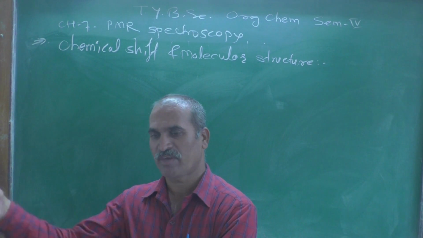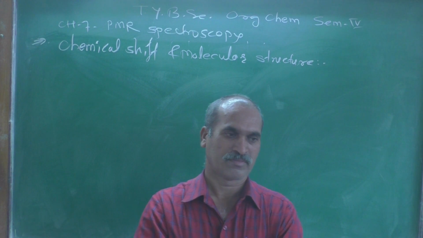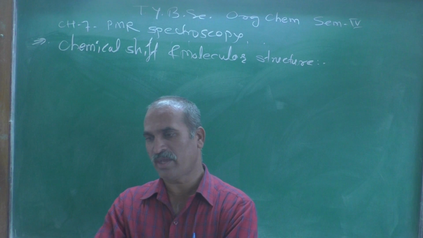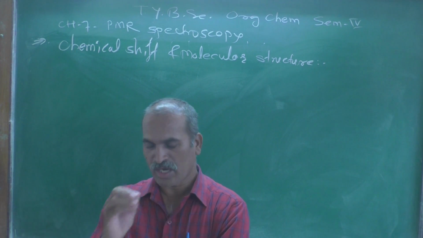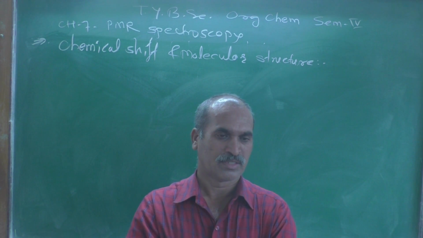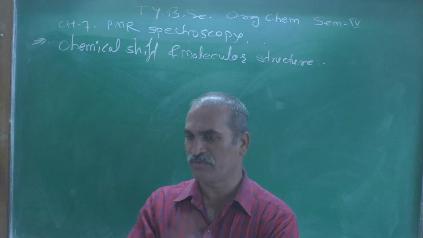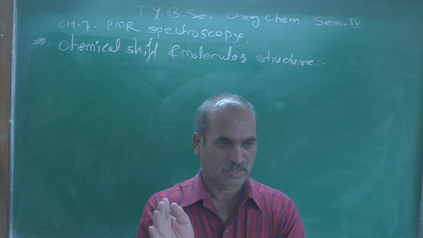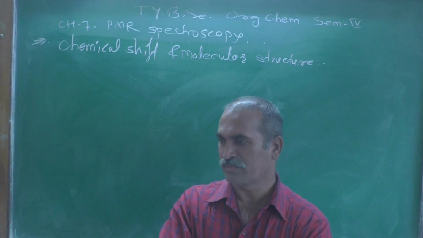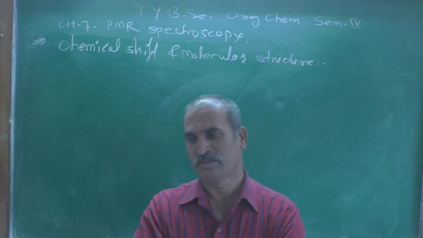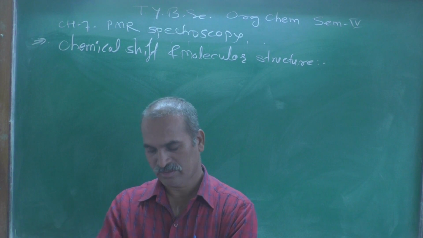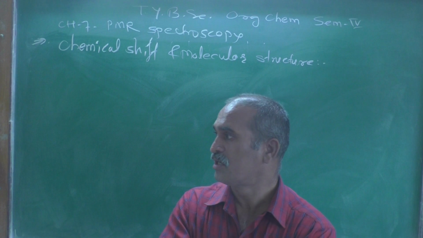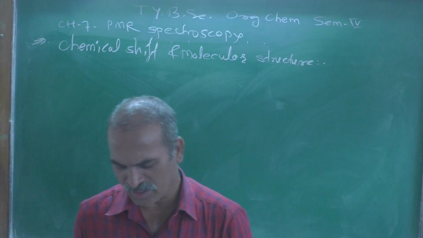Electronic factors like inductive effect, resonance effect, steric effect, and hydrogen bonding are some of the factors responsible for either increasing or decreasing the fixed group frequency, the stretching frequency of that carbonyl, which is 1715 per centimeter.